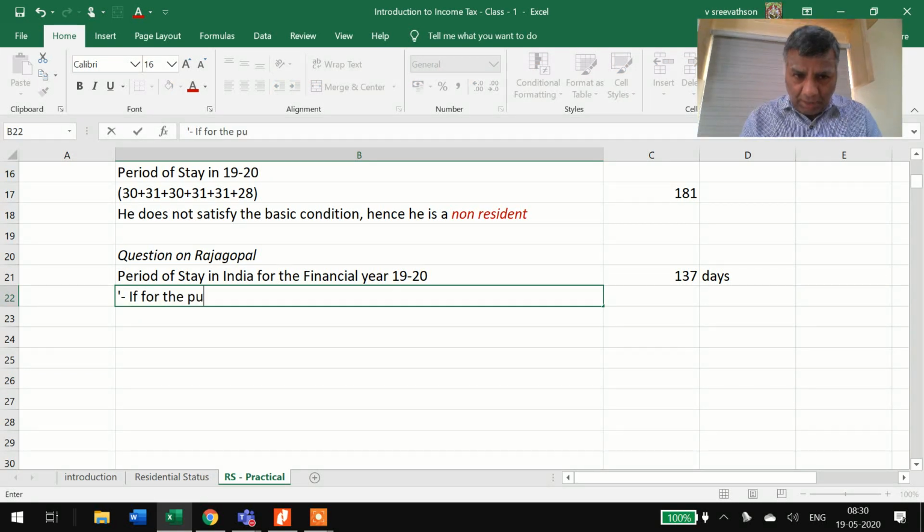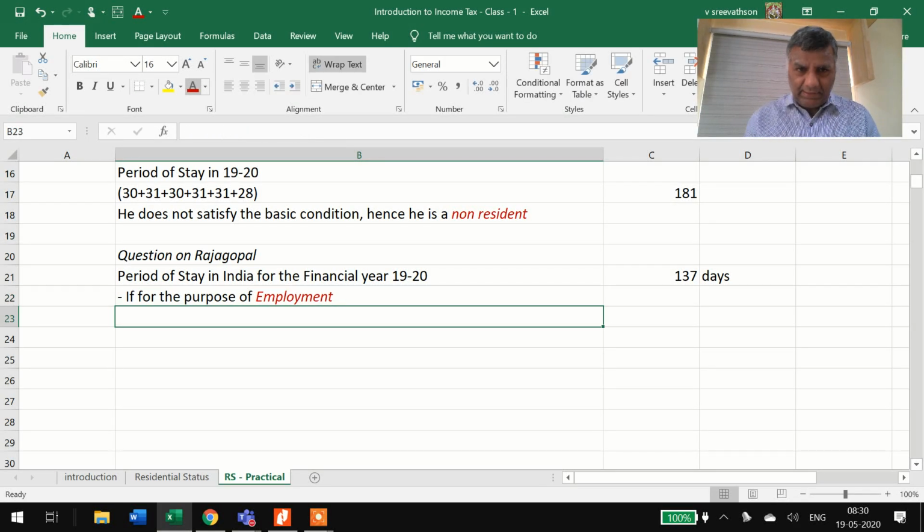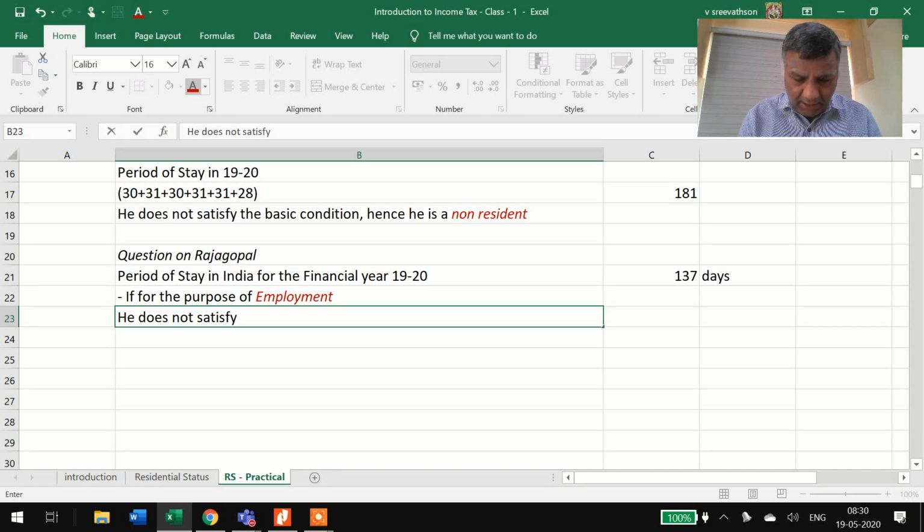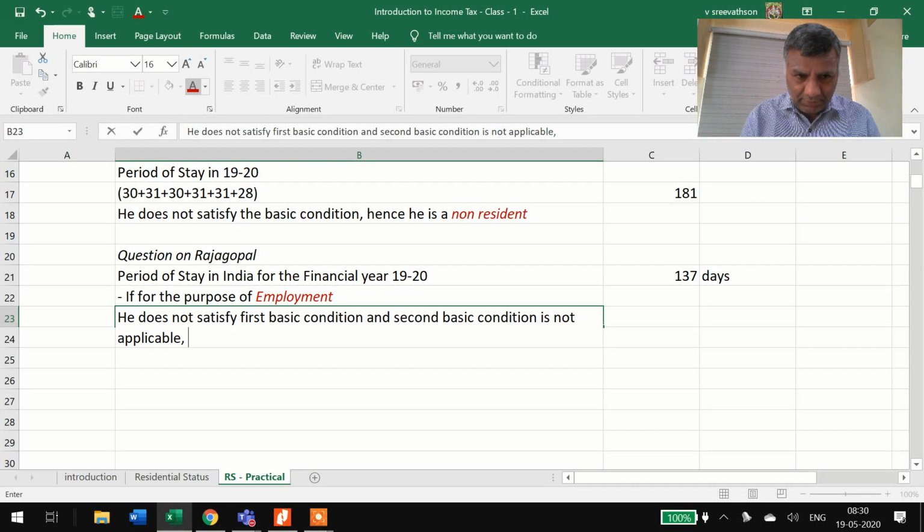If he is going there for the purpose of employment, he does not satisfy the first basic condition, as 182 days is not there, and the second basic condition is not applicable. Hence, he is a non-resident.